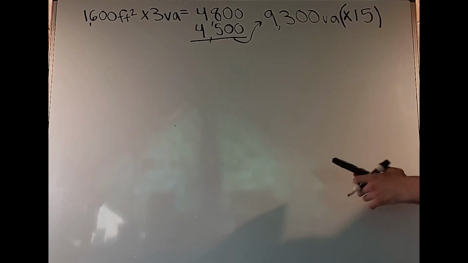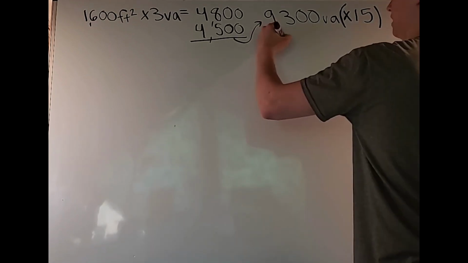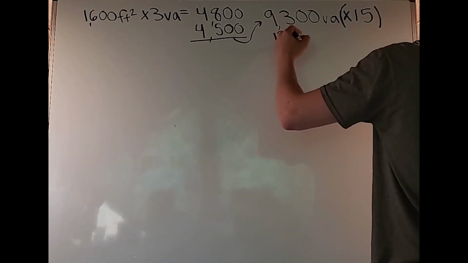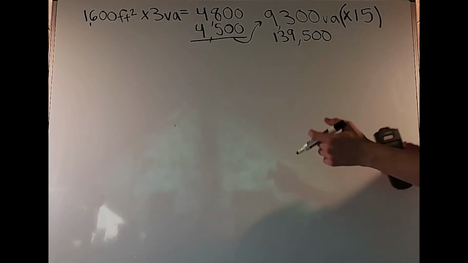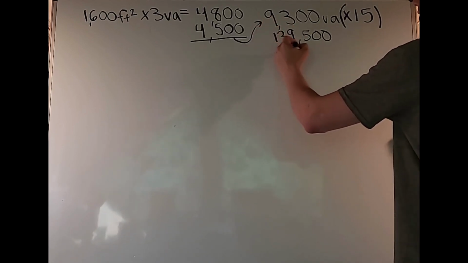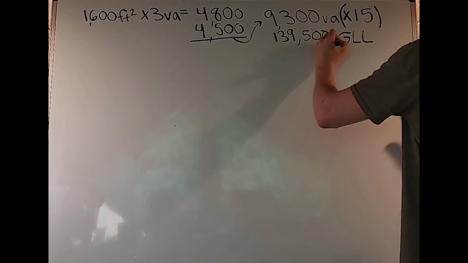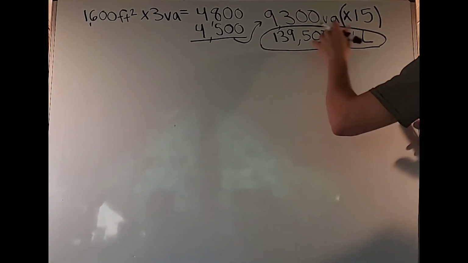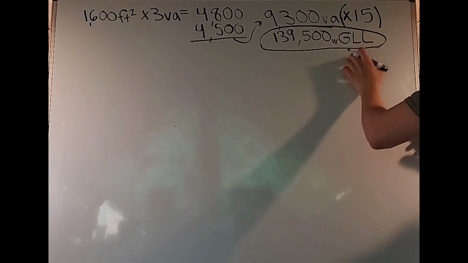I'm just going to do that multiplication, 9,300 times 15, and I'm going to get 139,500. Now remember, we don't have any demand factors, so that's why I just started filling this in. It just finished itself really quickly. So that is the general lighting load portion. Put a little W, make sure to always label it. And there we go, we have the total answer circled with the label GLL for the section.